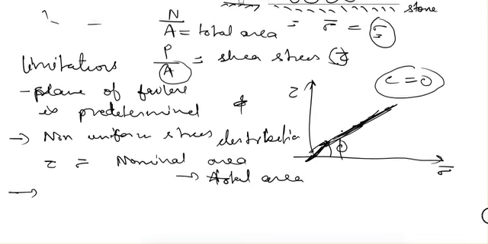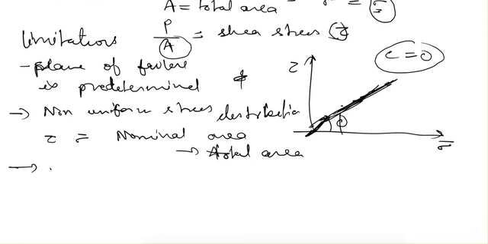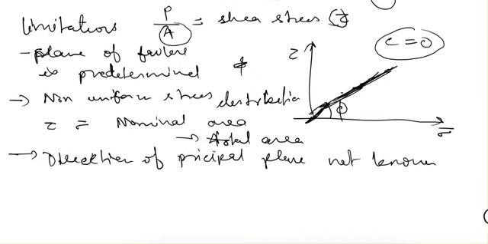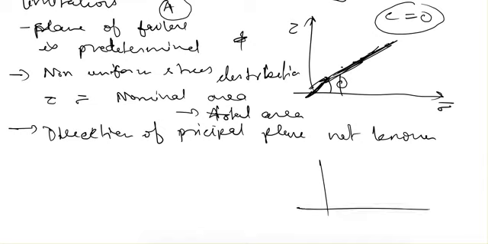And direction of principal plane is also not known in this case. Direction of principal plane can be known only after we have made the Mohr circle. So with that we can find out the principal plane, otherwise we don't know the direction.